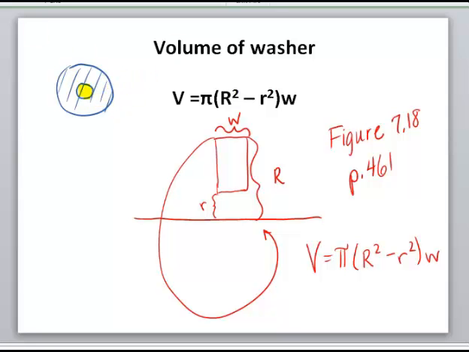So here's the area of the big circle, pi big R squared, minus pi little r squared, the area of the little circle. And then what you have is the width of each of those discs, or I shouldn't say discs, but little washers, that creates the volume.